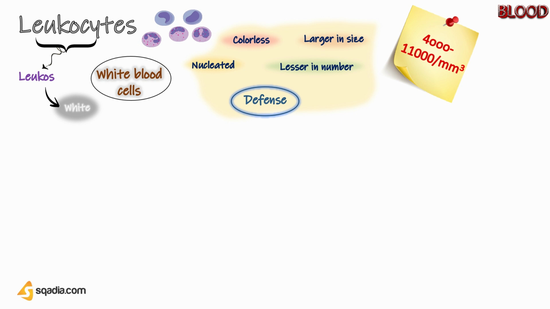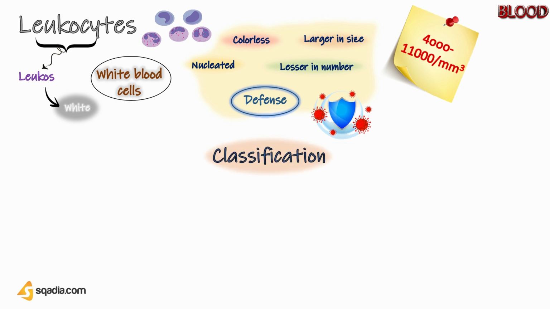Yet functionally, these cells are important like RBC because of their role in the defense mechanism of the body, and protect the body from invading organisms by acting like soldiers. Based on the presence or absence of granules in the cytoplasm, the leukocytes are classified into two groups. 1.